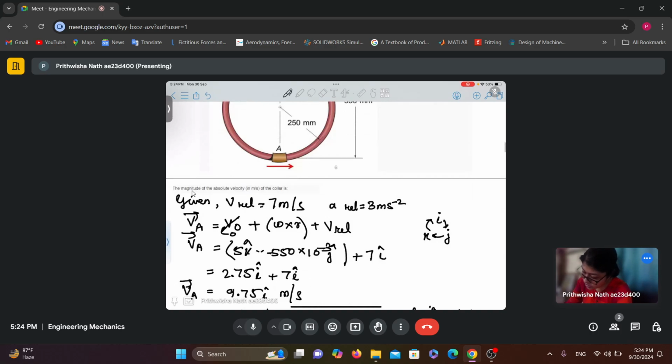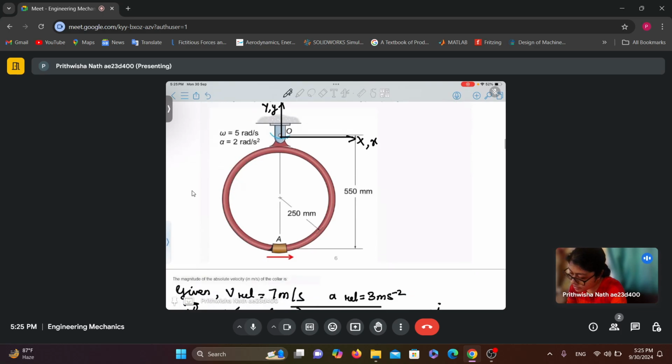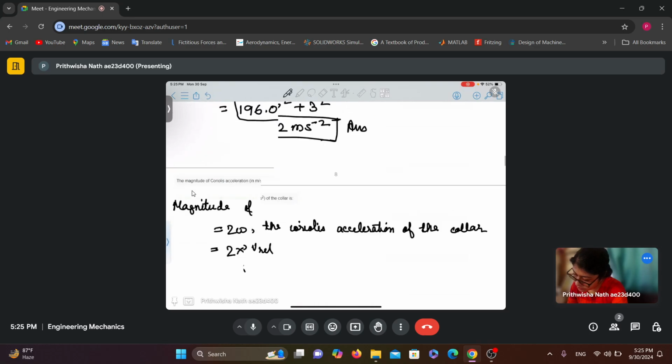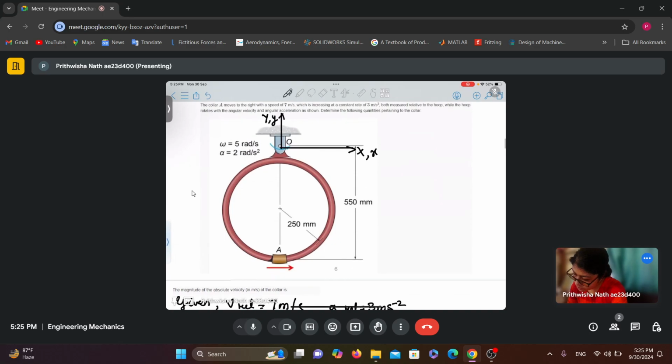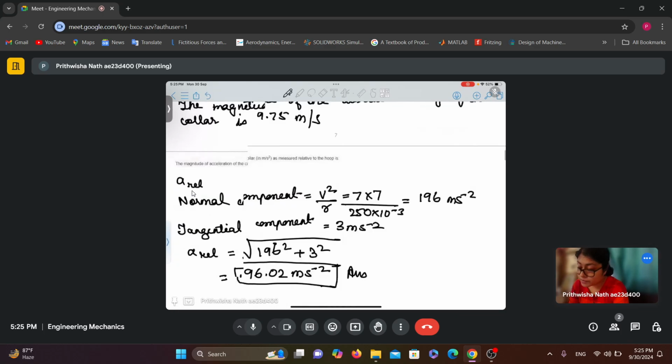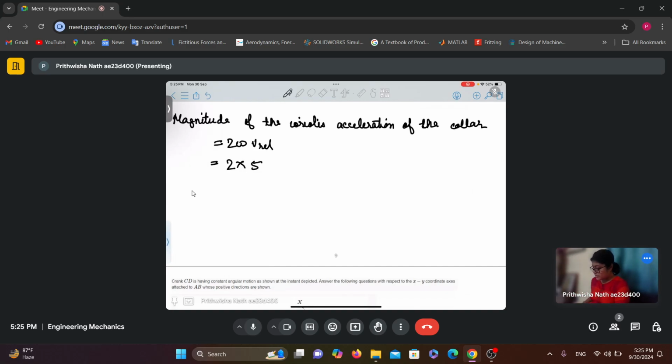Omega is given as 5 radian per second. So this is 2 into 5 and V rel is 7, right?